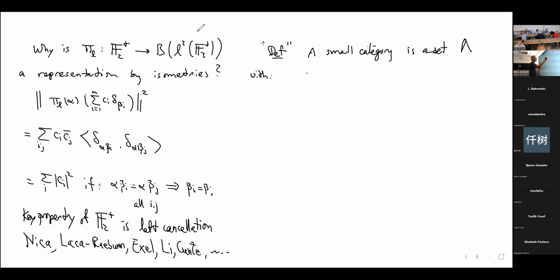There's a distinguished subset we call the units. We have maps r and s, standing for range and source, from lambda to the units. And of course, if you restrict either the range or the source map to the units, it's the identity there.